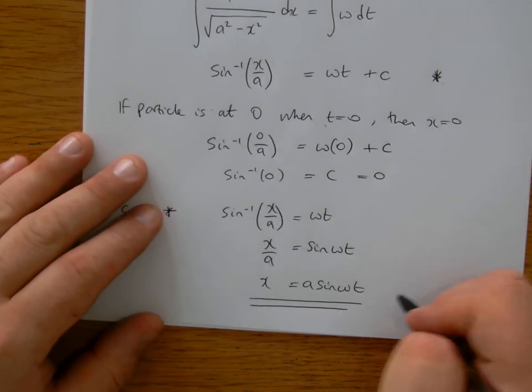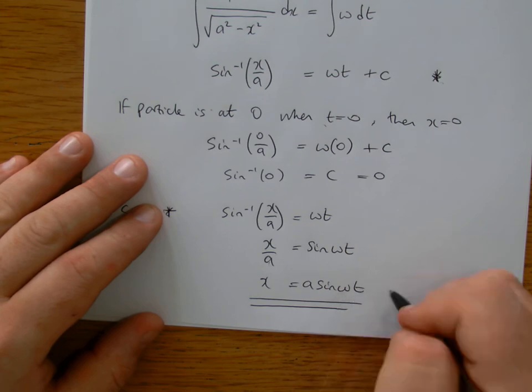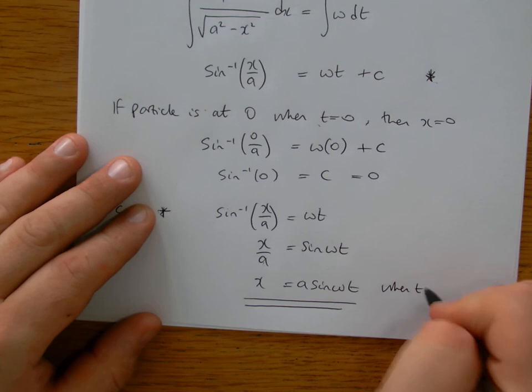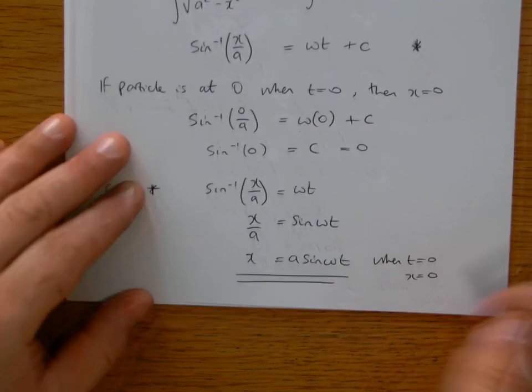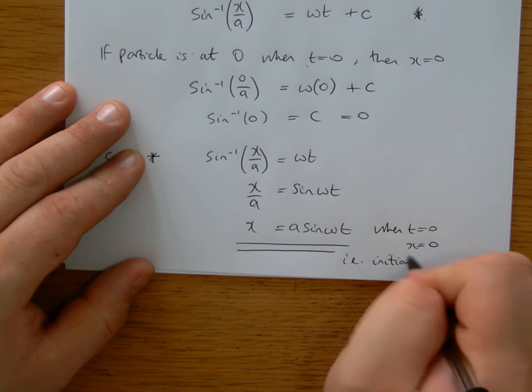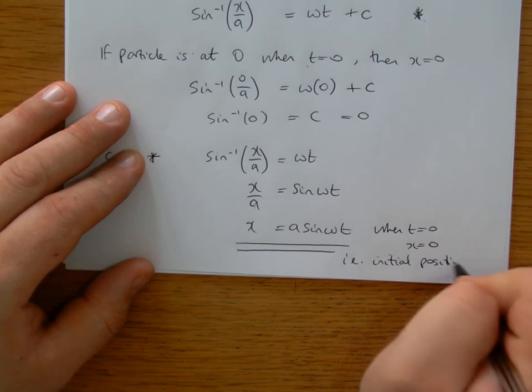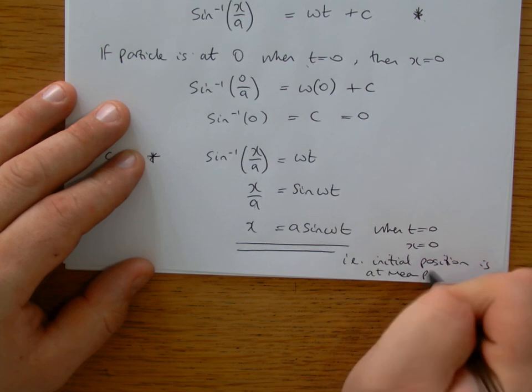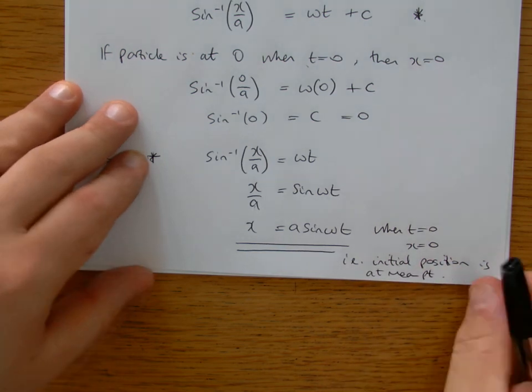But it's important that this will only work for the case when t equals 0, x is equal to 0, i.e. the initial position is at the mean point. Well, let's suppose it's not at the mean point. Let's suppose it's at the extreme.